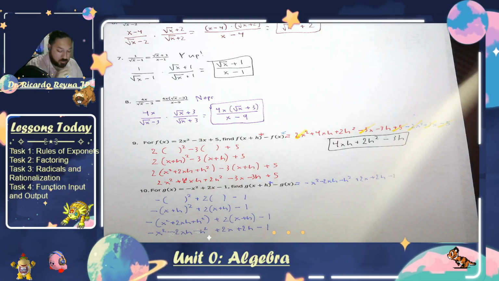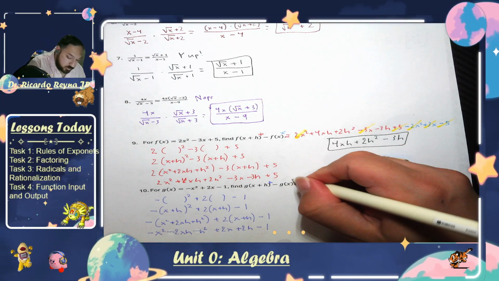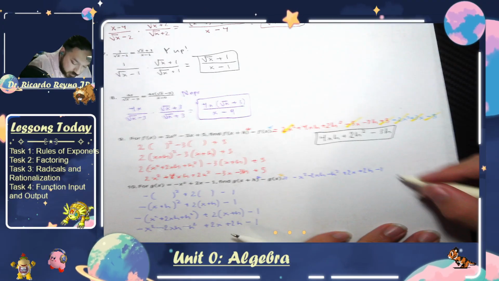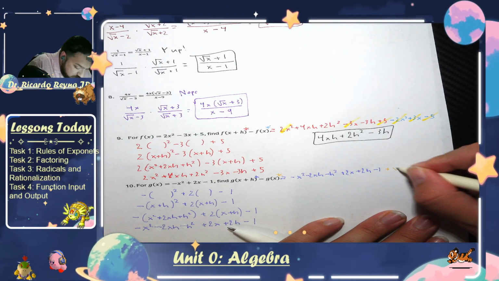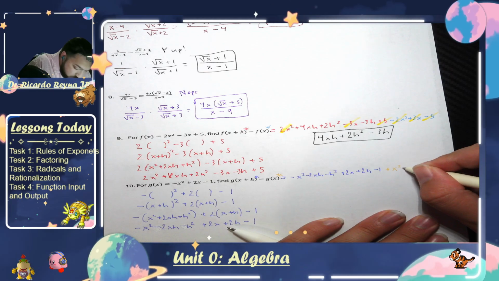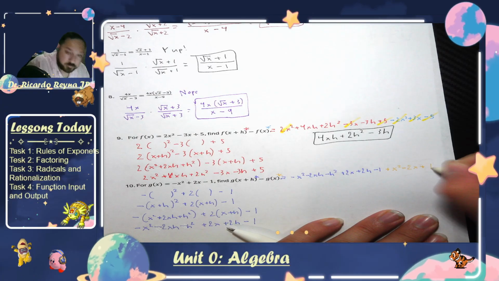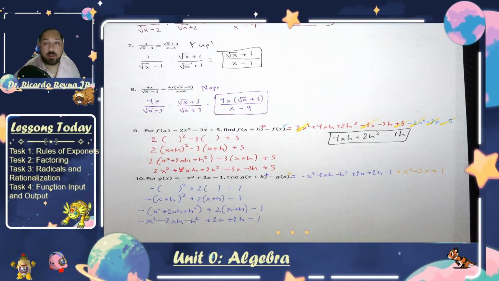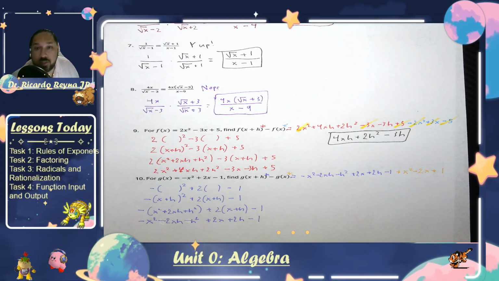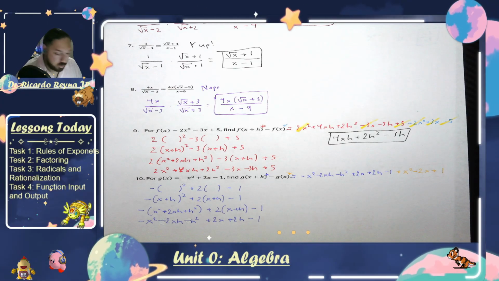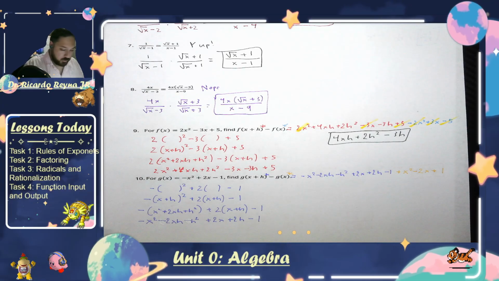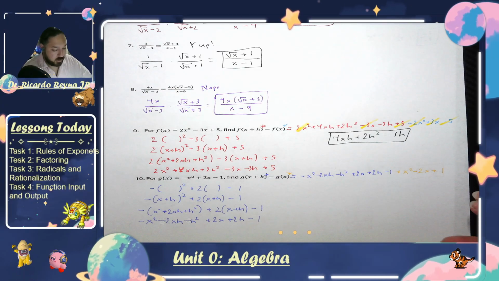And then we're going to subtract whatever g of x is, but negative, so we got plus x squared, minus 2x, and plus 1. Okay, wait, let me make sure. I just realized I'm using yellow. Yeah, that appeared on the screen. Okay, so then let's take them out.